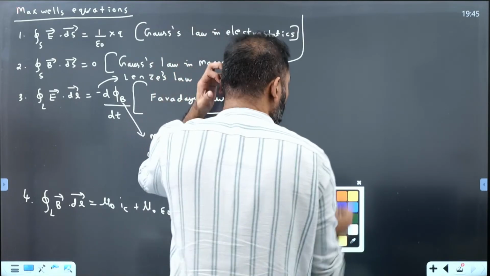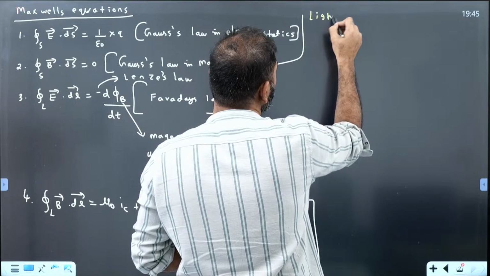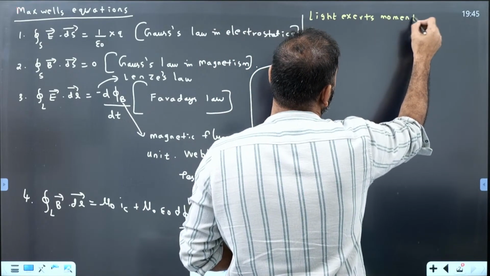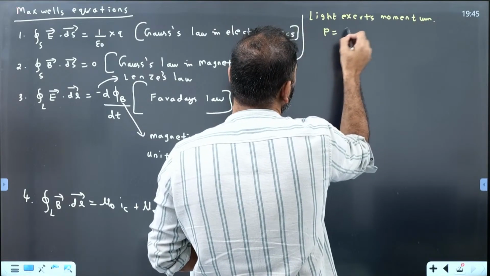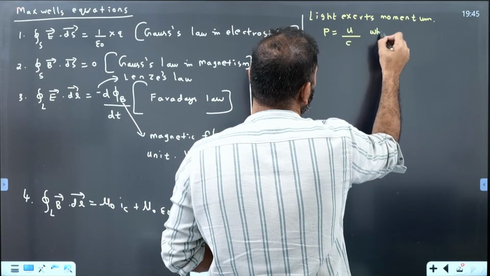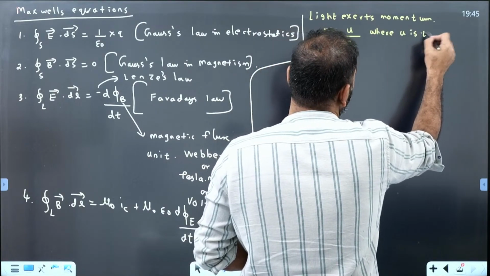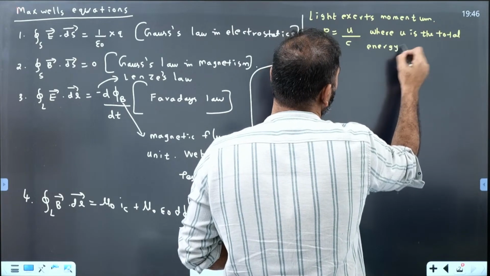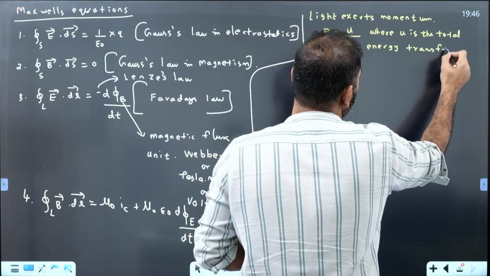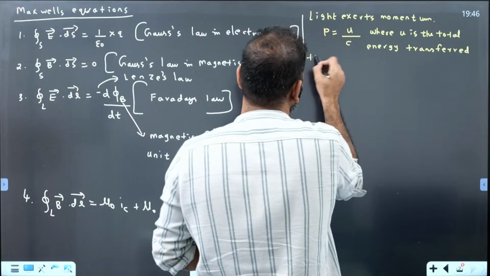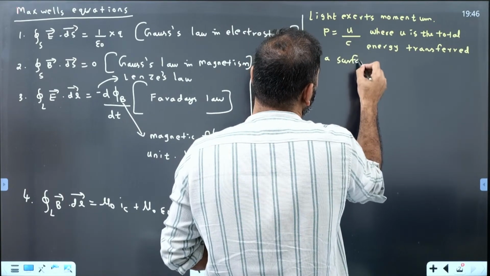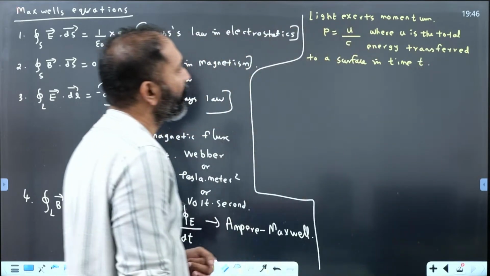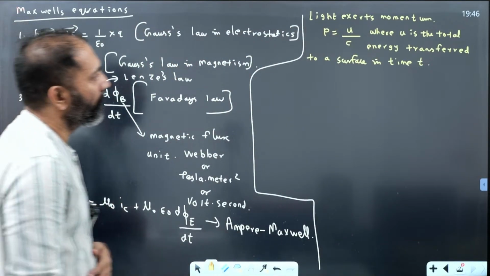Now remember, light exerts momentum. p is equal to what? U by C, where U is the total energy transferred to a surface in time t.